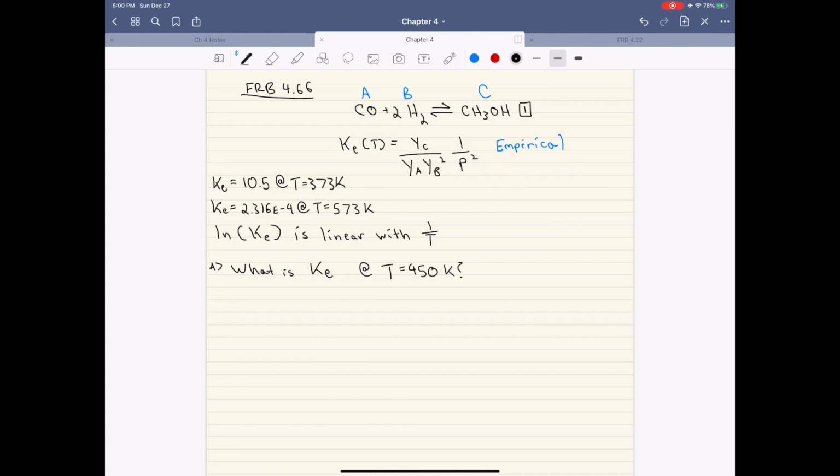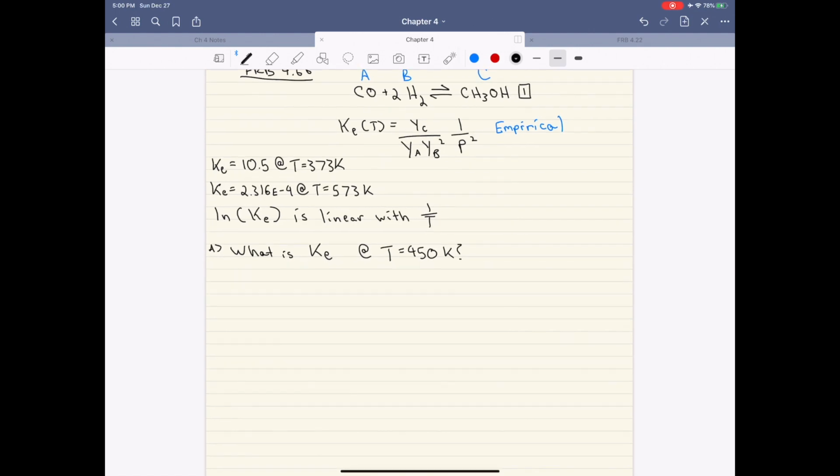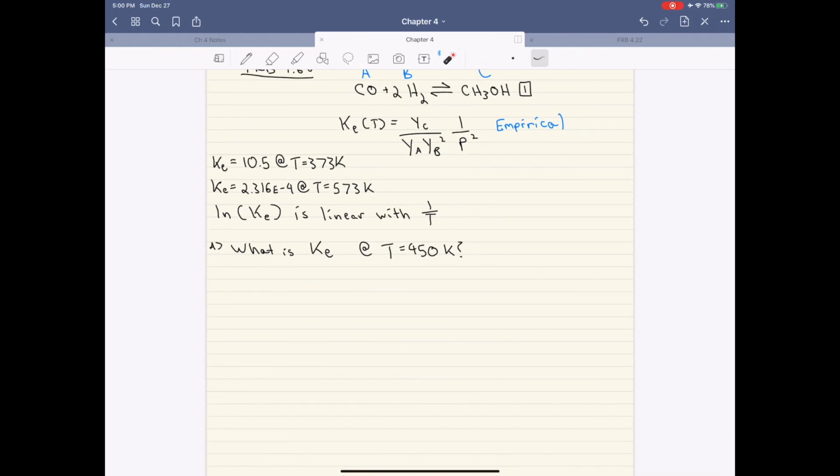For part A, the problem asks us what is the value of the equilibrium constant at a temperature of 450 K. To answer this question, I'm going to invoke this piece of information, where it tells us that the natural log of the equilibrium constant is linear with respect to 1 over T. What that means is that if we calculate the slope of the natural log of Ke over 1 over T, this slope value is going to be equal to a constant.